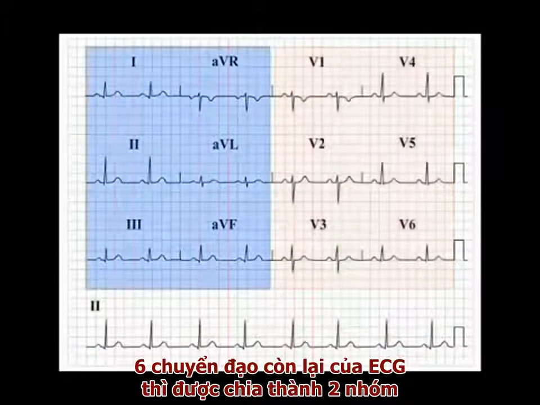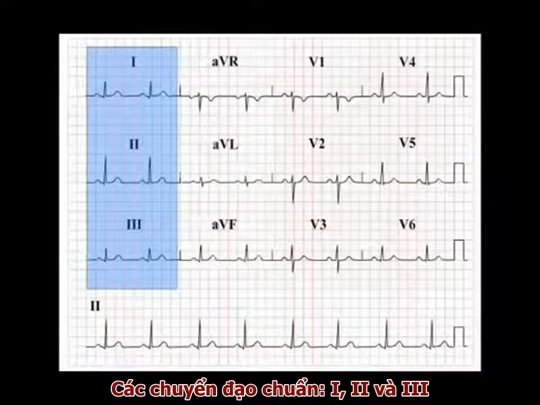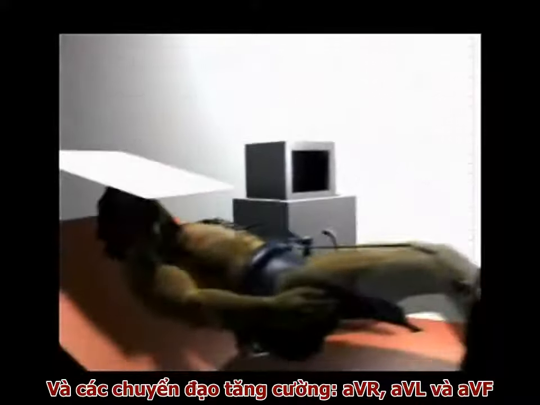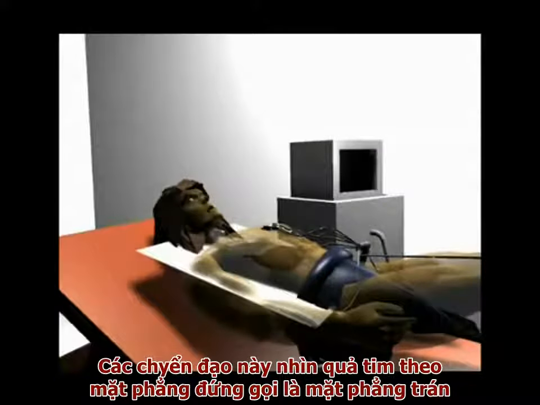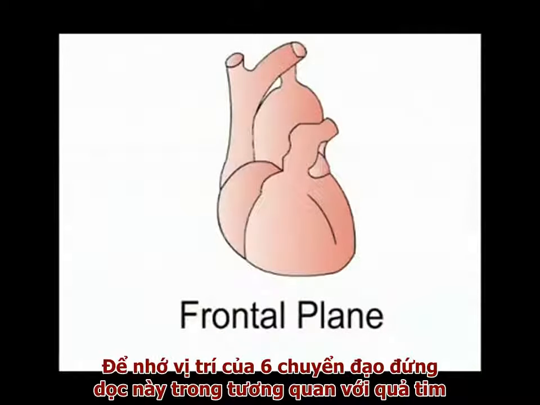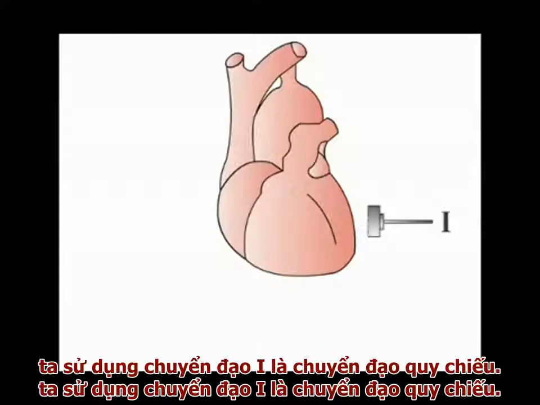The remaining 6 ECG leads we can consider in two groups. The standard leads, leads 1, 2 and 3, and the augmented leads, AVR, AVL and AVF. This vertical plane is known in anatomical terms as the frontal plane. To remember the position of all 6 of the vertical leads relative to the heart, use lead 1 as your reference point.